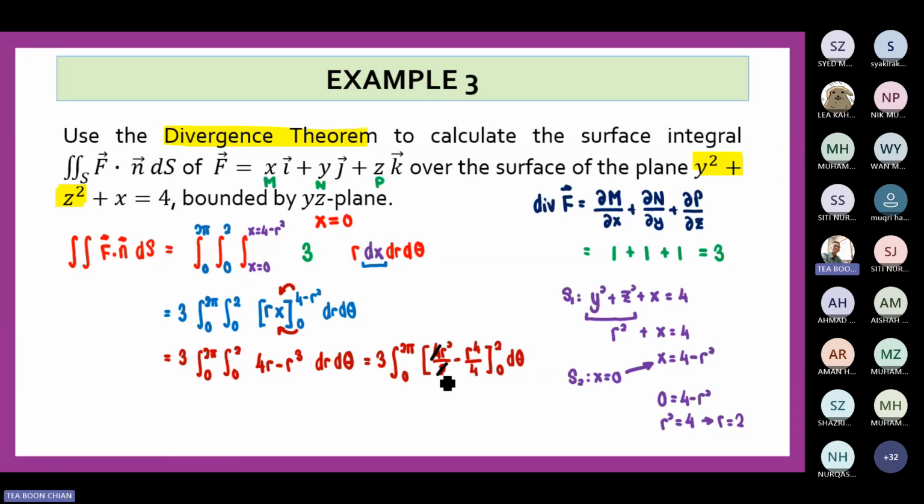So simplify here, 2r squared. So the upper limit into it, so 2 multiply 2 squared minus r power 4, 2 power 4 over 4. So substitute 0 into it gives you 0.